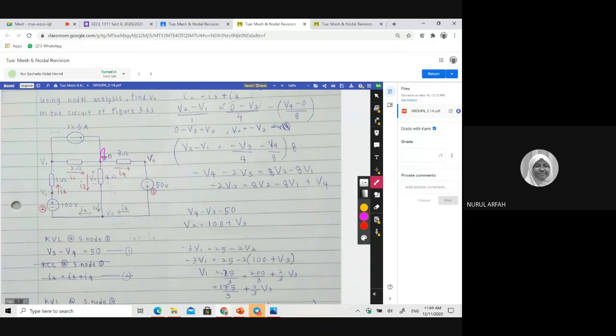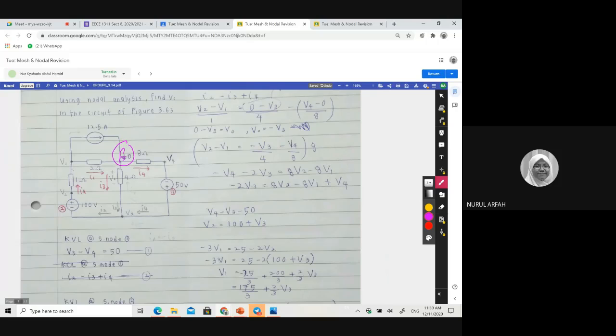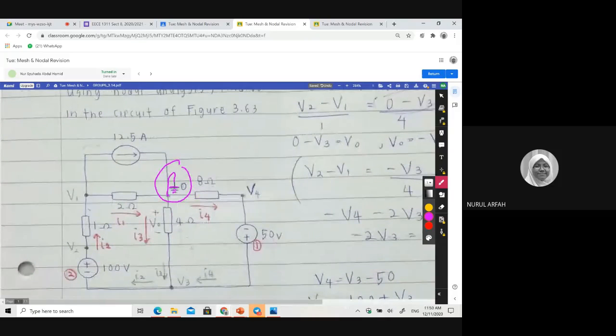If you put it this way, you are giving another way to have a super node, right? Do you think so or not? How many super nodes will we have if we put the reference point at this point, like our sister did? What do you think? How many super nodes do we have?